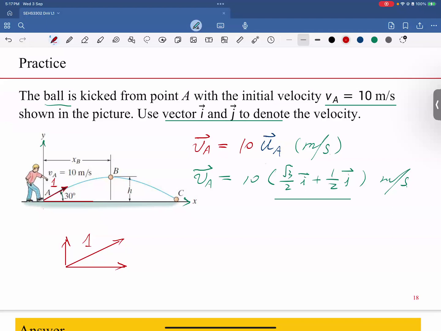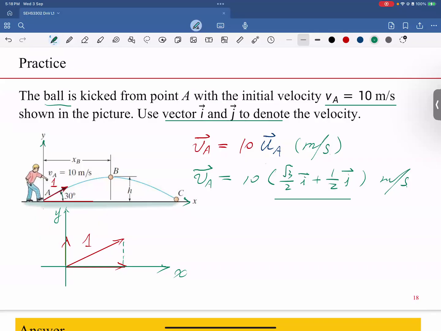So how to do it? Actually, this is x, right? And this is y. Along x, we do a projection. It has a projection to the x-axis.